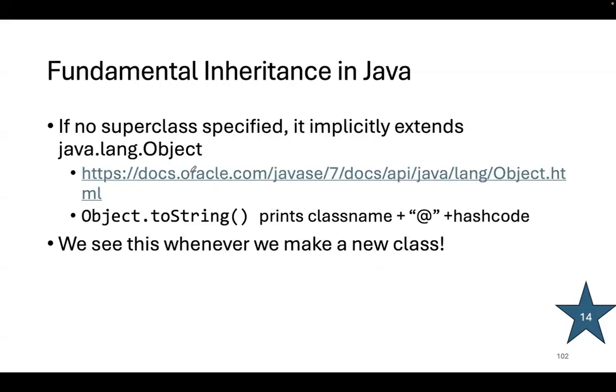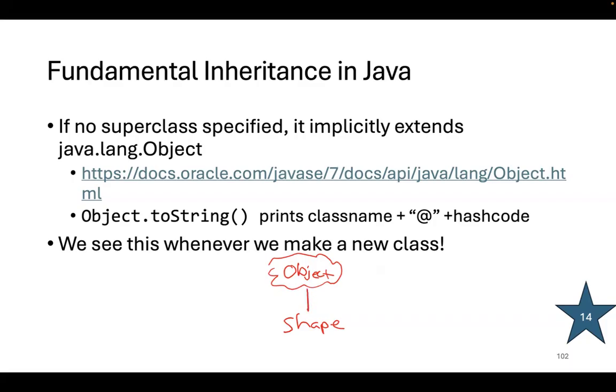Okay, fundamental inheritance, we've talked about this. Java.lang.Object is the implicit superclass for everything. So even if we have shape kind of up here, in order to make this work, Java has this capital O Object type that it makes every other base class implicitly inherit.